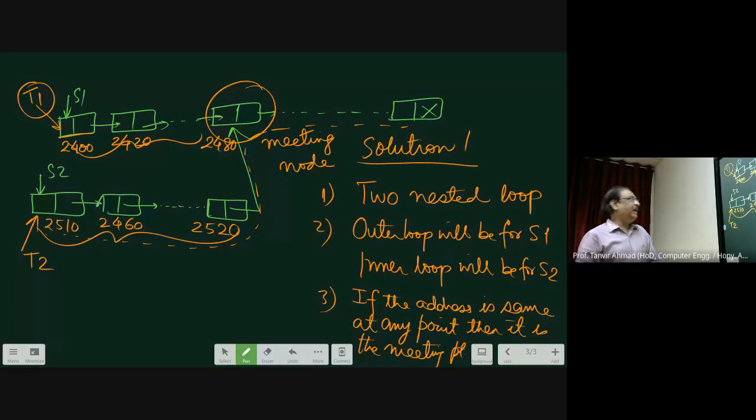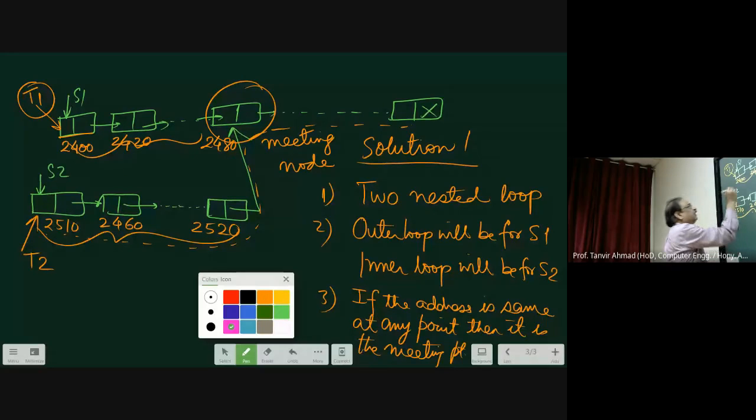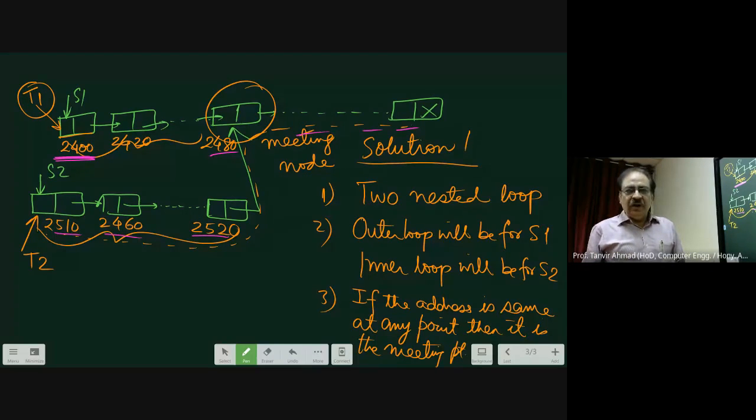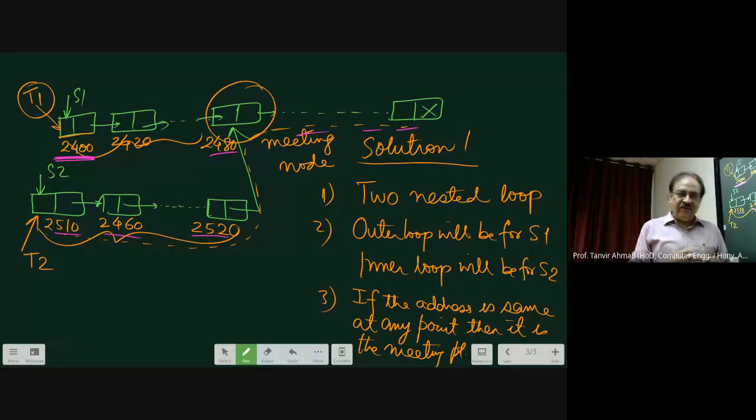Now here I compare this 2400. I will compare this number with all of them. Now I find 2400 is not equal to 2510. I move forward, compare 2400 with 2460. Keep on doing until the second one exhausts.